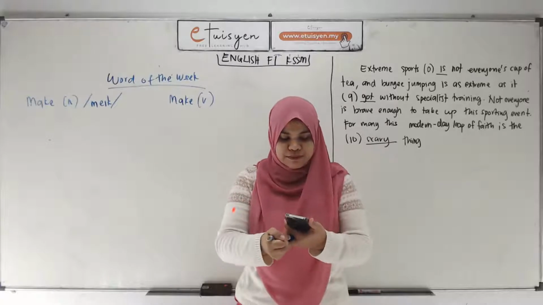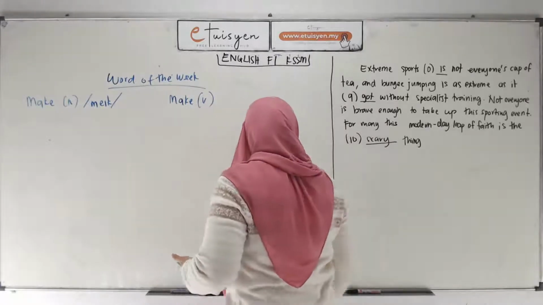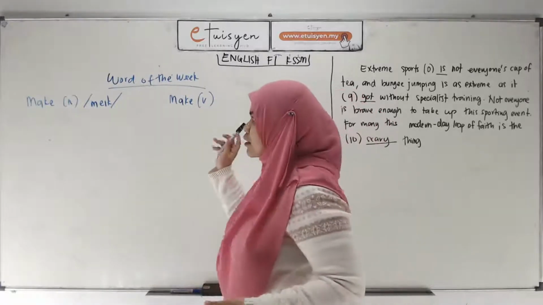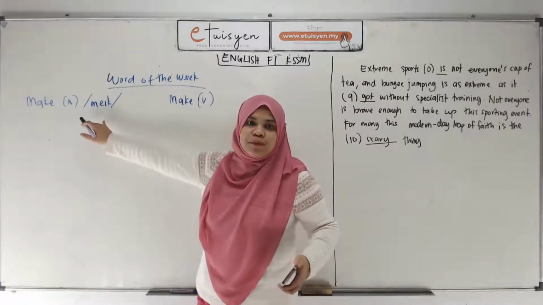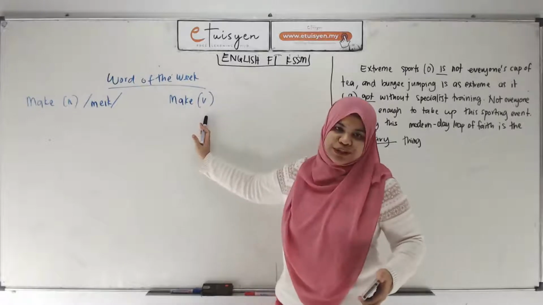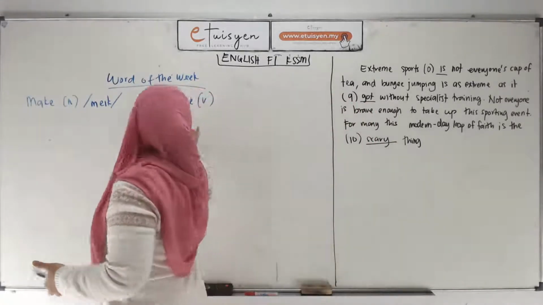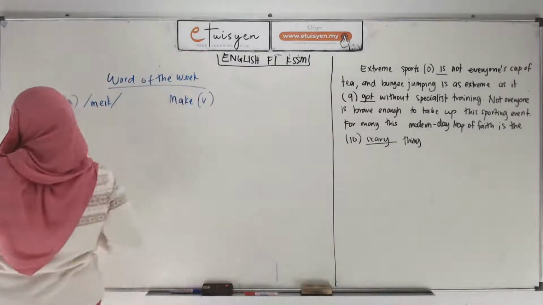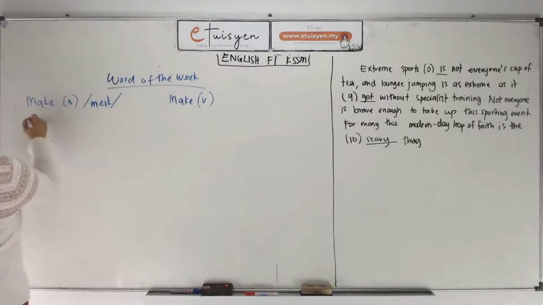Okay, so this make actually has two meanings. Some are noun and some are verb. I don't know whether you knew or not. We use the verb one. Now, for the noun, what does this word mean?